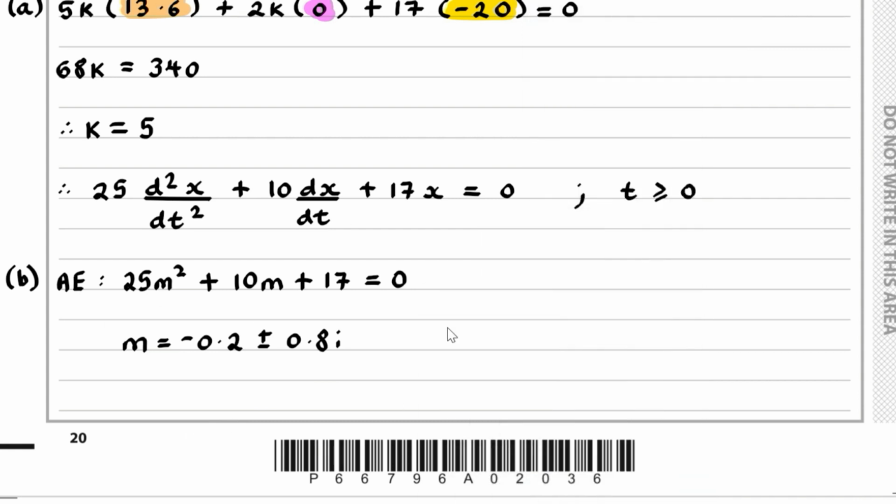And so knowing our auxiliary equation solutions, we can conclude our general solution is equal to e to the minus 0.2t lots of a times the cosine of 0.8t plus b times the sine of 0.8t. We have complex roots for our solutions to the auxiliary equation, so our general solution is of this form here.